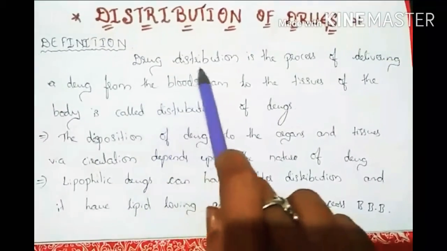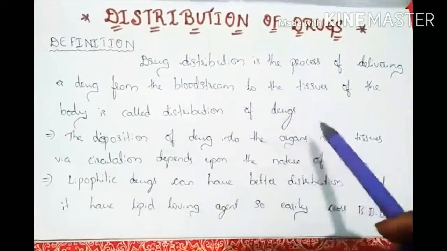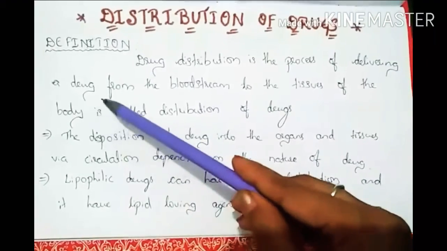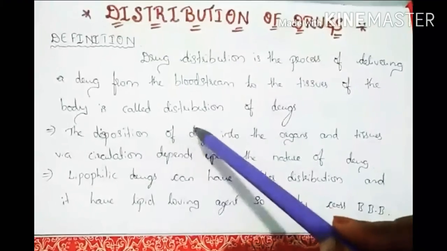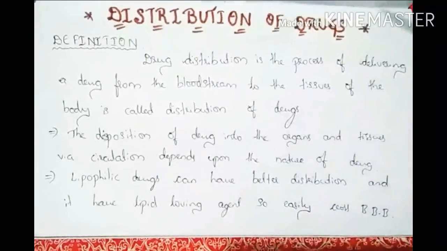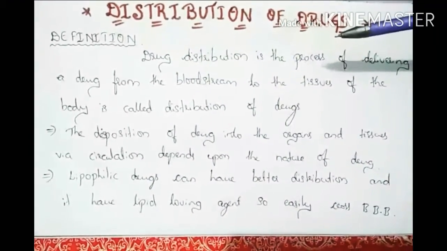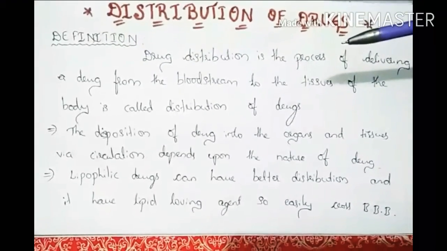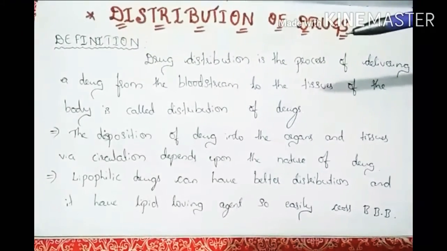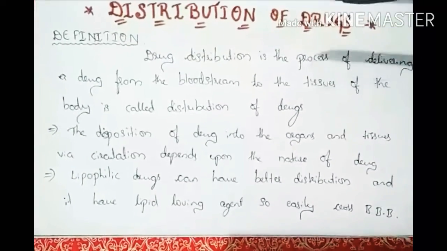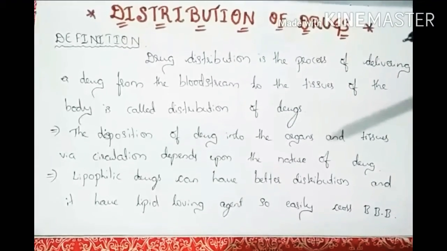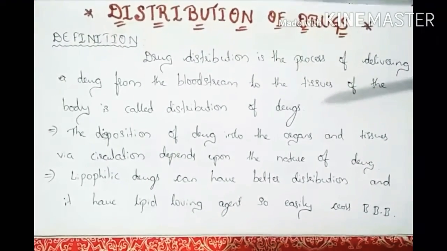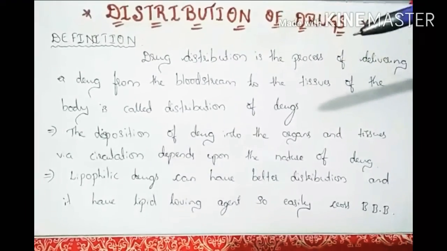Drug distribution is the process of delivering a drug from the bloodstream to the tissues of the body. When the drug is administered orally, parenterally, rectally, or by local administration, it gets into the body through the GIT, parenteral route, or rectal form, and then absorption takes place.